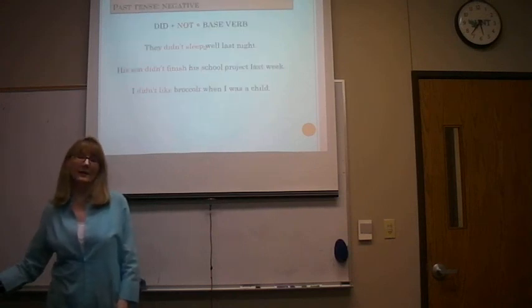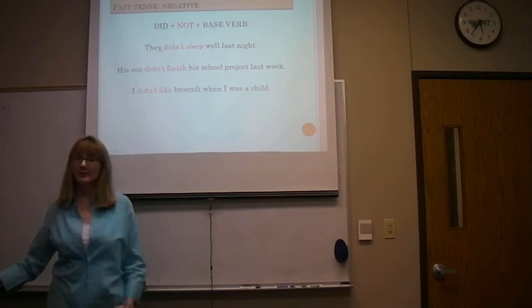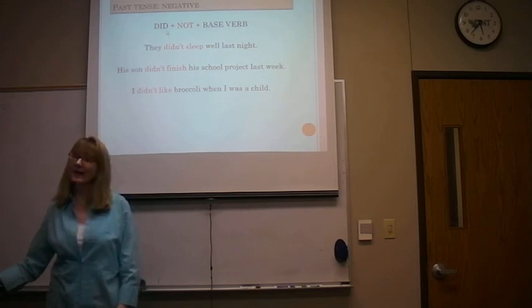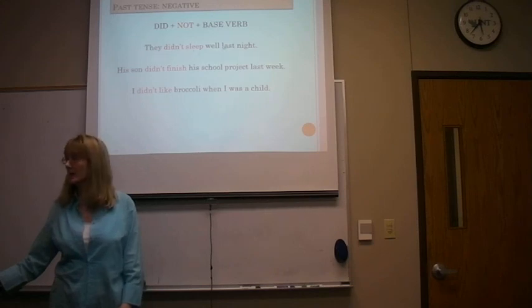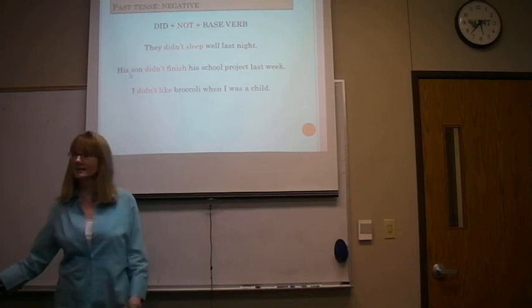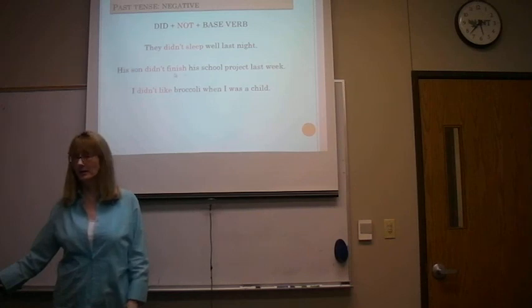If you want to add a negative to verbs other than the be verb though, you have to add did, then not, and then the verb has to become the base verb. For example, they didn't sleep well last night. You add did, then not, and then the base form of sleep. Here, his son didn't finish. Did plus not plus the base form of finish.